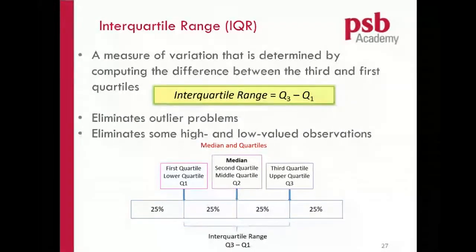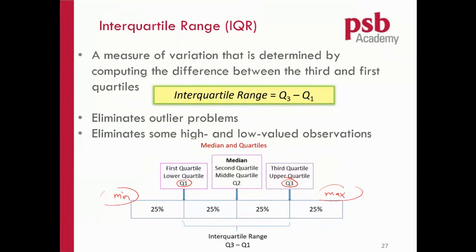Let's look at one which is more reliable. Remember the quartiles we have? This is Q1, and this is Q3. And this is where you have the minimum value, and this is where you have your maximum value. So if you want to disregard the minimum and the maximum, then don't take all.